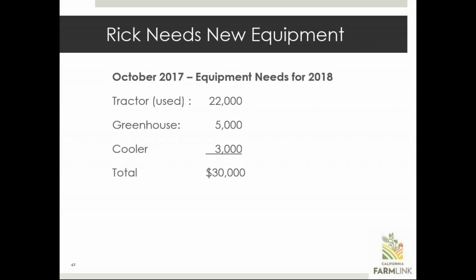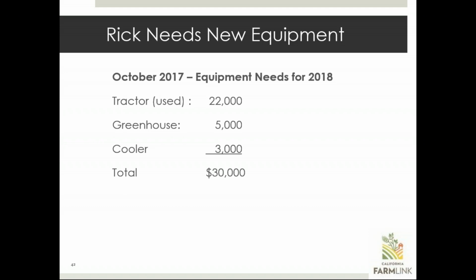So the end of 2017, Rick needs to purchase a used tractor new to him, a greenhouse, and a walk-in cooler, and so he's looking to spend about $30,000.